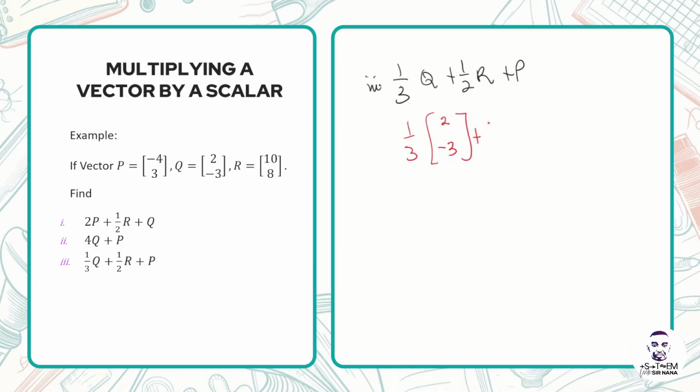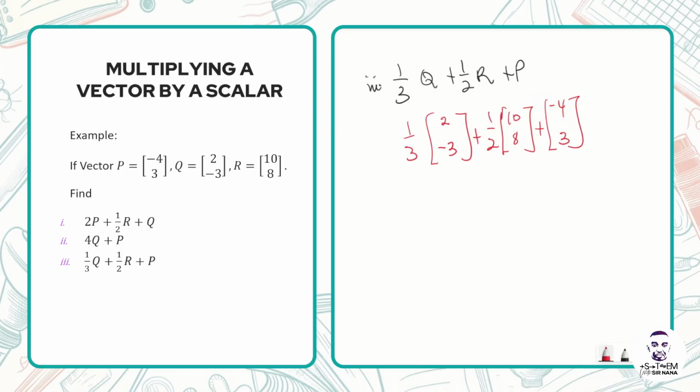And then plus half multiplied by r, which is (10, 8). And then plus our p, where our p should be (-4, 3).